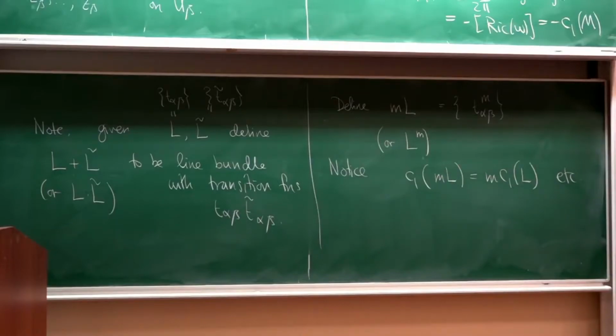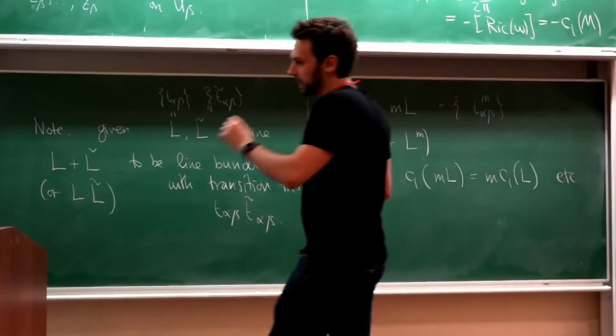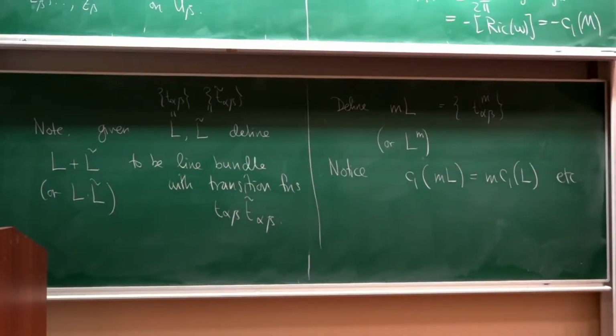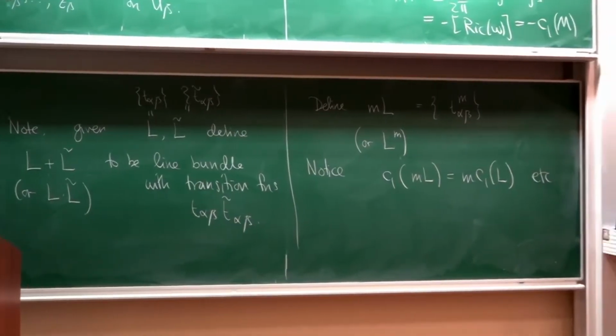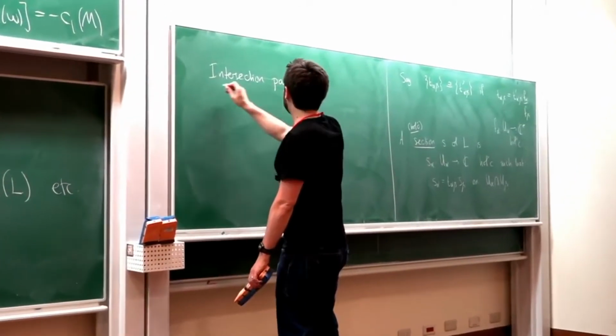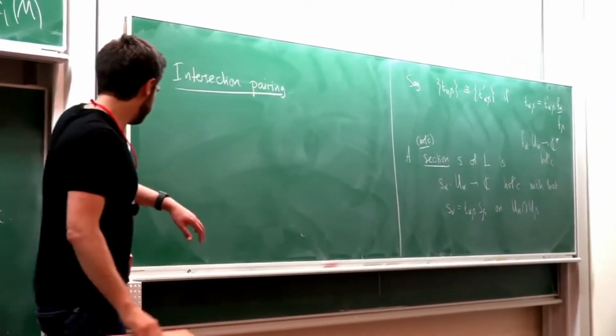Okay, so this is some basic terminology I'm going to be using. Now let me say something about the intersection pairing, which I'm going to be using rather a lot.